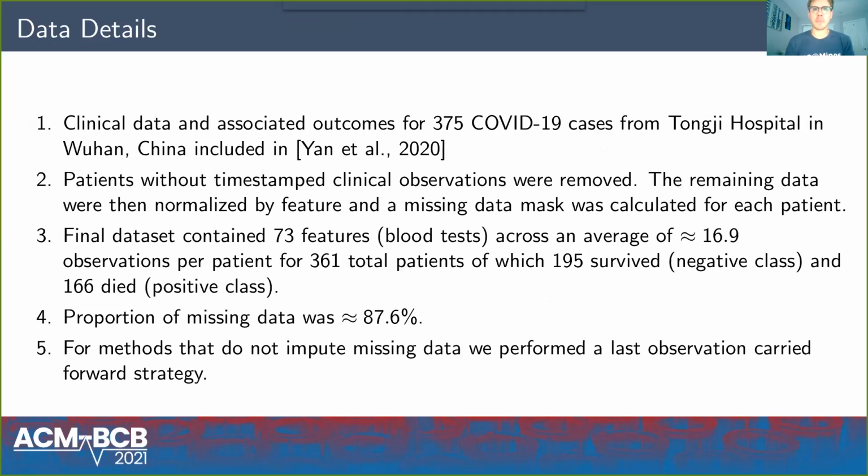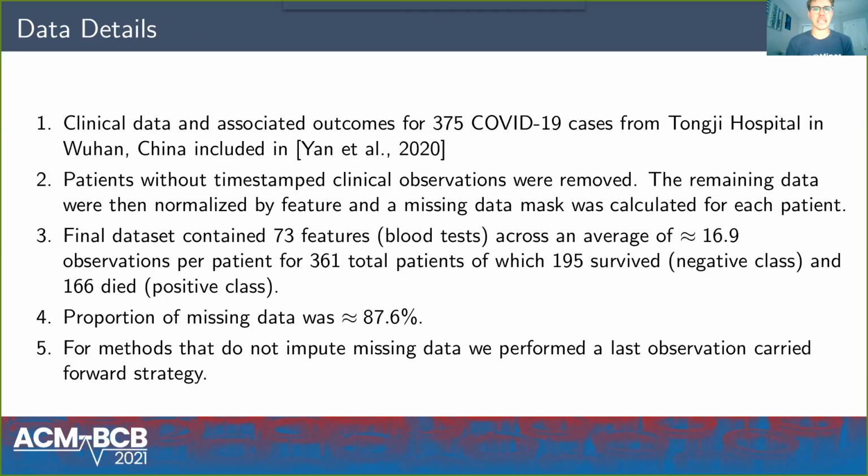We test our method on 375 COVID-19 cases from the Tongji Hospital in Wuhan, China, introduced in a recent Nature paper. Patients without clinical time steps are removed, and the remaining data are normalized via feature, and a missing data mask is calculated for each patient.